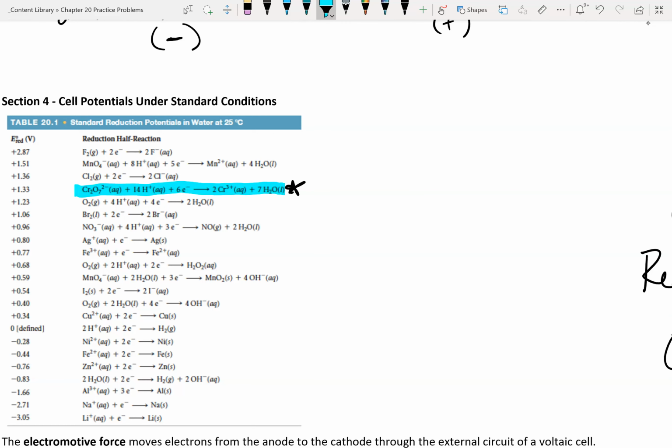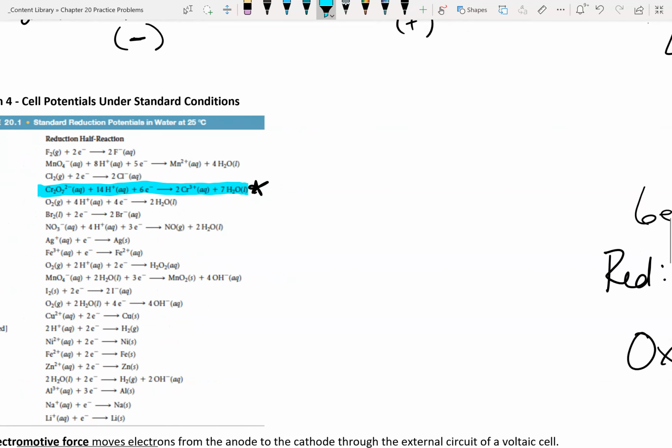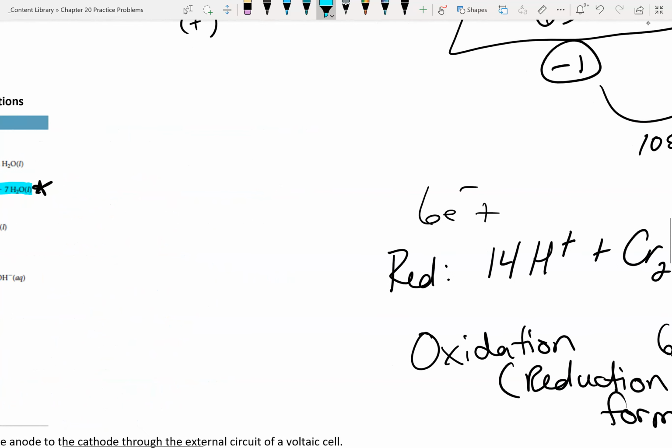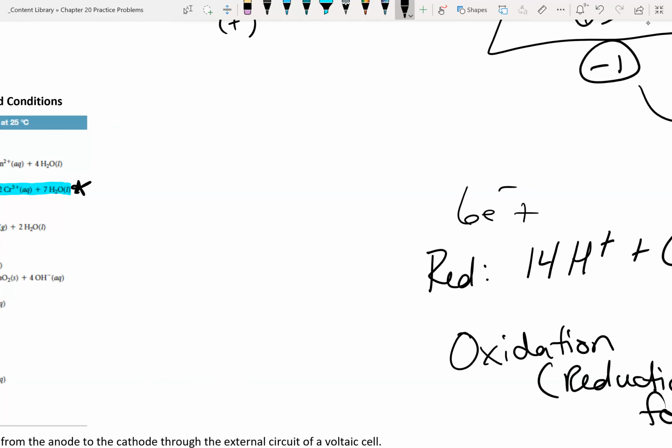That's better. So there's our one reaction, and it says that the reduction potential is a positive. So the reduction potential is a positive 1.33 volts for this reaction.